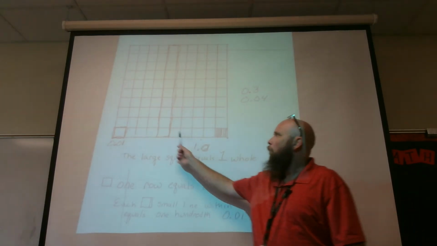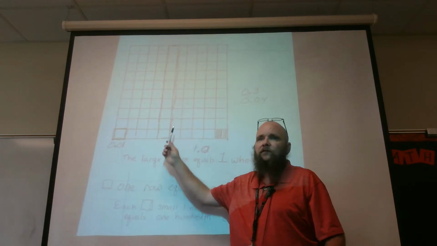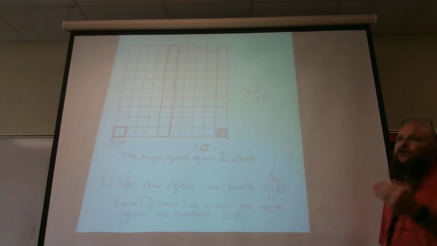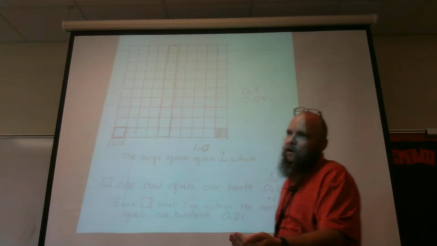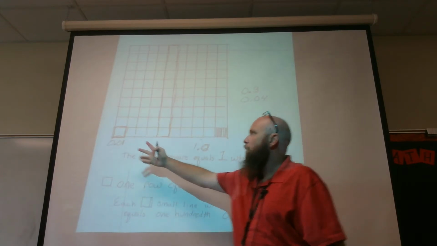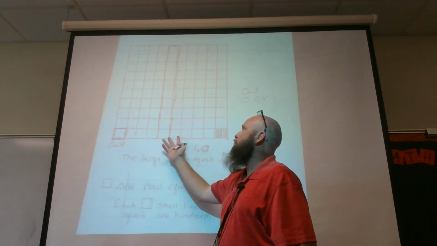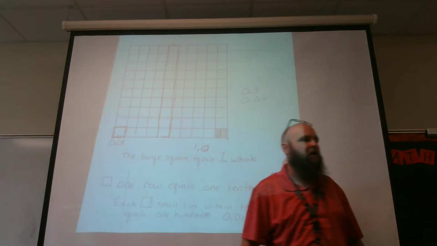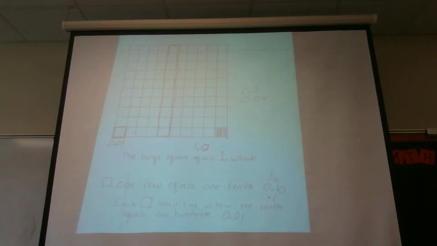We have 3 cents of it. 100th of a dollar is a penny, because it takes 100 pennies to make a dollar. It takes 10 dimes to make a dollar. It takes 10 of these tenths to make a dollar, and it takes 100 of these hundredths to make a dollar.